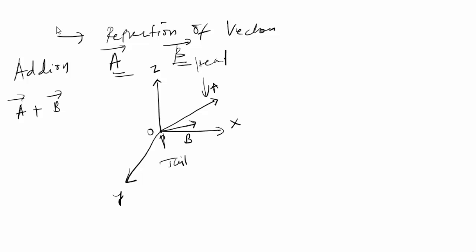So by simply doing that, I am drawing the vector. This is not according to scale, but if I draw this according to scale, then I can take this according to scale and accordingly put it as it is here.